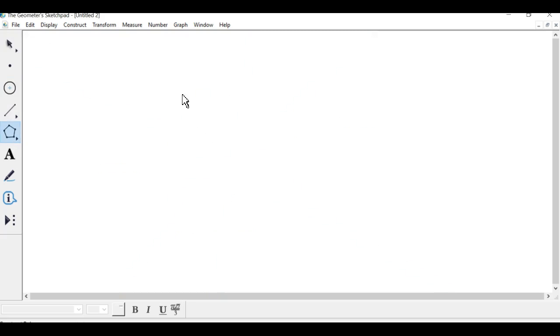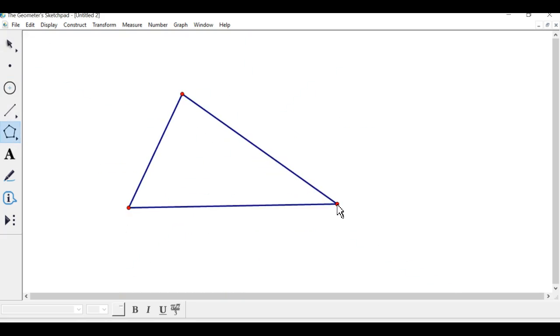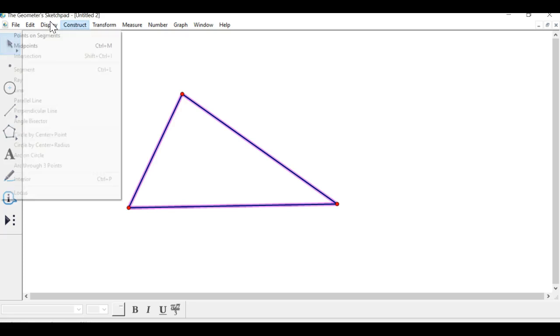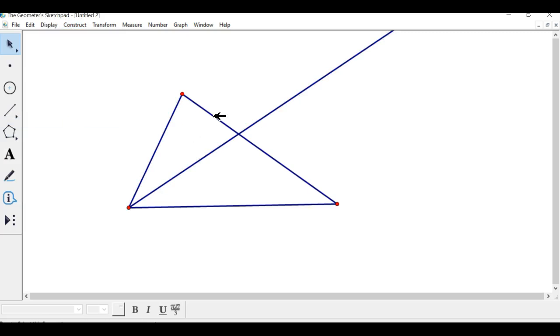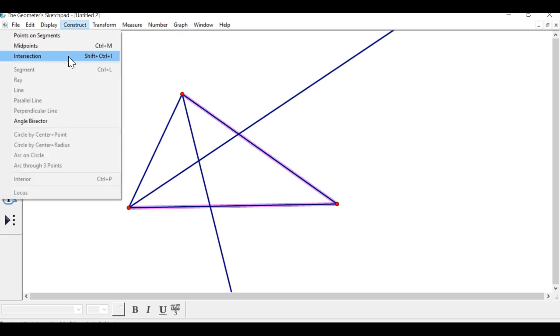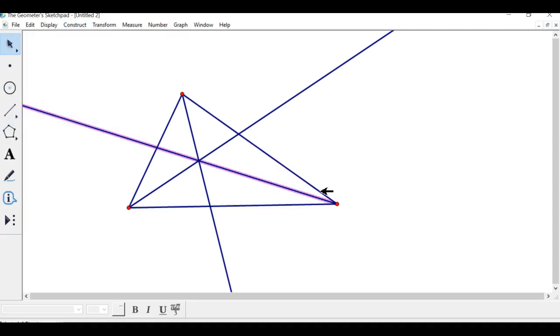Just like I did before, I'm going to build some arbitrary triangle, and now I'm going to construct the three angle bisectors. I have to take it two sides at a time. If I take these two sides and bisect that angle, I get that one. If I take these two sides and bisect that angle, I get that one. And if I take these two sides and bisect that angle, I get that one.